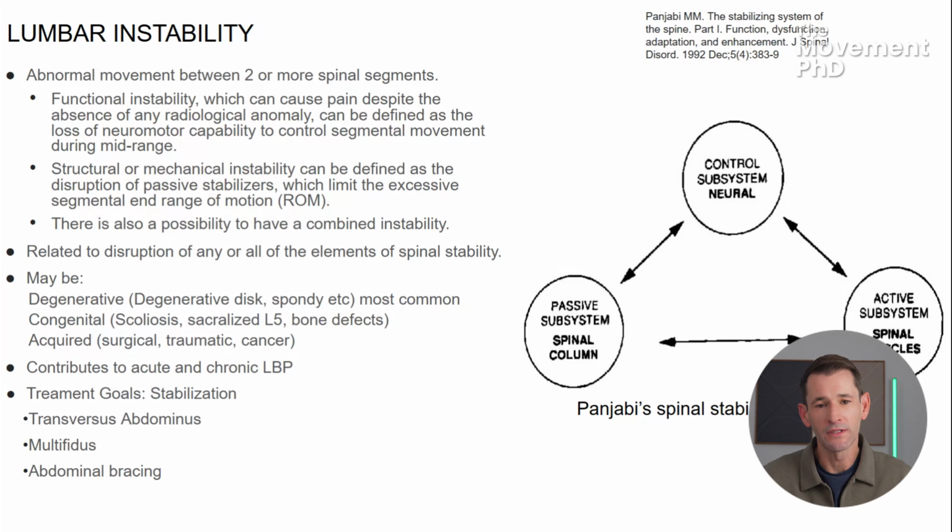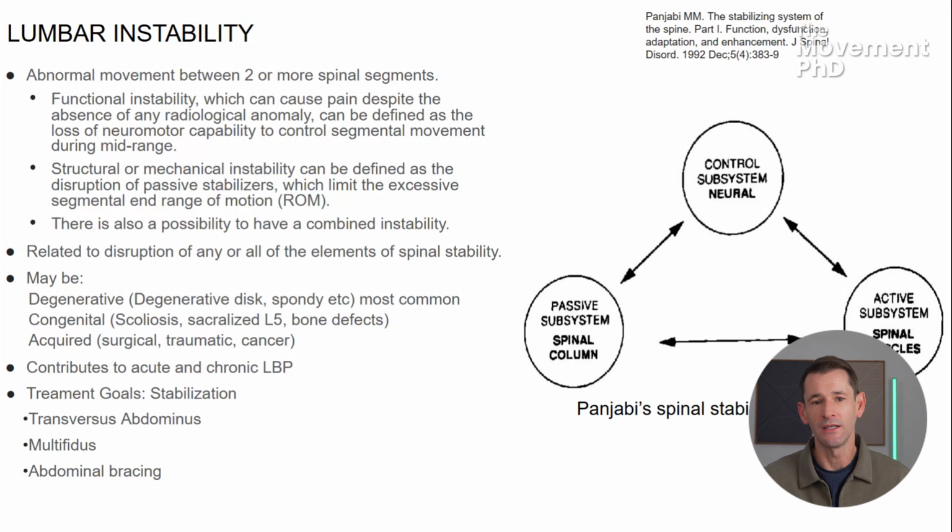The other type of instability is a structural or mechanical instability, which means that there's a disruption of those passive stabilizers. So it could be a defect in the anatomy of the bone. It could be ligamentous instability due to some kind of pathology.